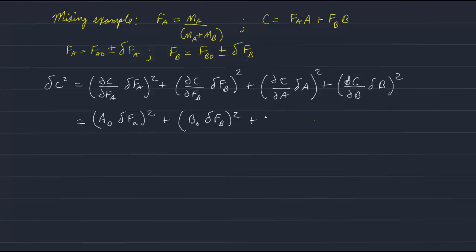And then the last two terms describe the variance of C due to uncertainty in A and B. So the partial of C with respect to A becomes FA, but again, we're going to keep only linear terms. We'll keep the most likely or measured value, and we'll do the same for this last term.